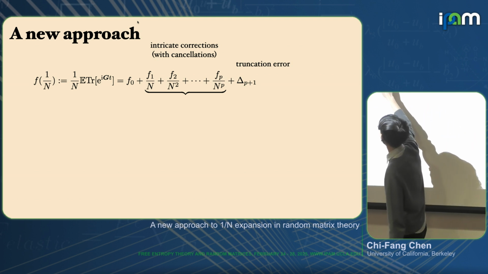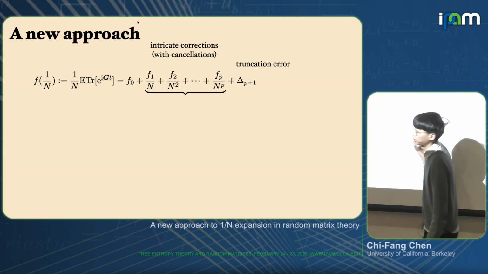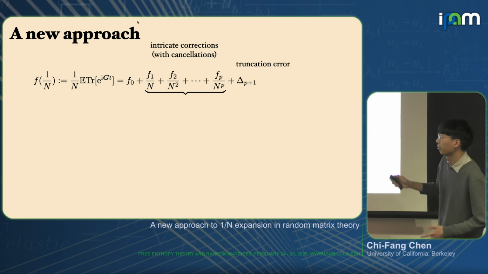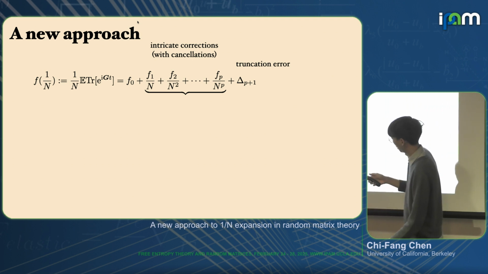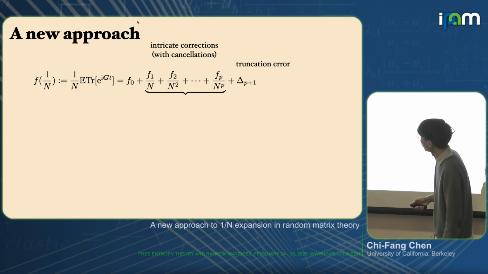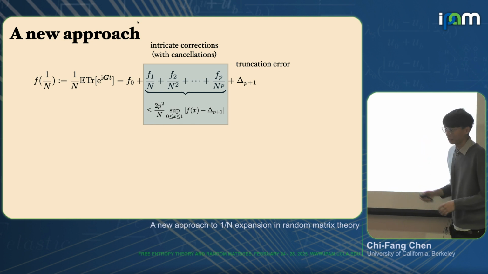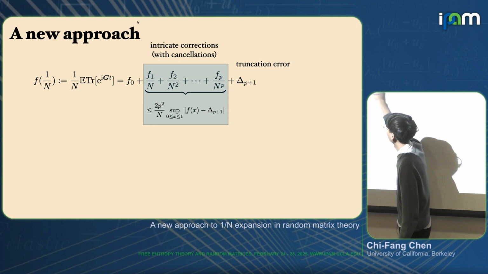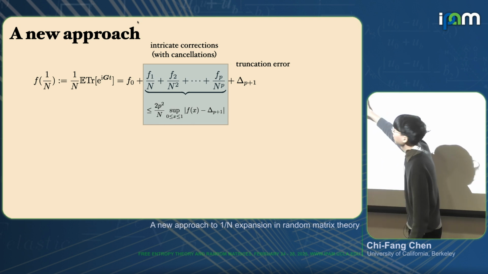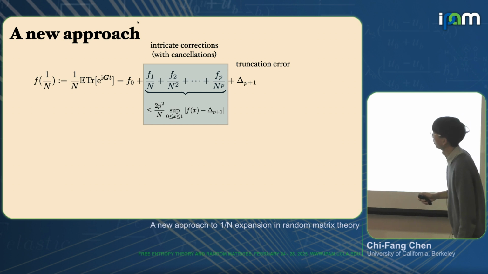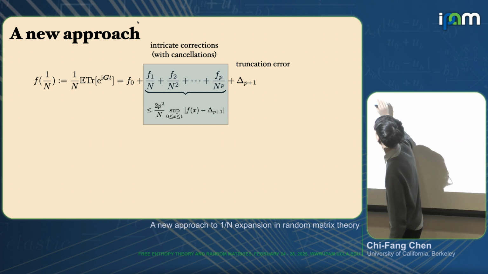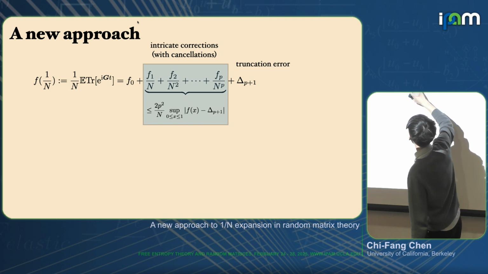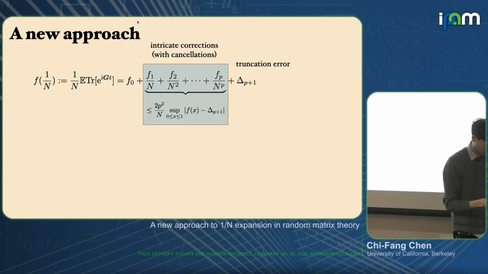Suppose you truncate at degree p, you get a 1 over n expansion that a priori seems pretty crazy, presumably with lots of cancellations and intricate combinatorics. However, the Markov inequality tells you that the sum of this whole thing is bounded by an innocent-looking object: 2p squared over n times roughly the supremum of f. There's a truncation error that makes it a little ugly, but it will be fine.